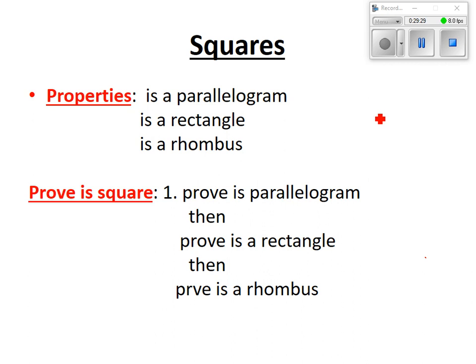This is like a family tree. From a parallelogram, what do we go to next? A rectangle. Now, did it have to be a rectangle? No, it could have also been a rhombus.